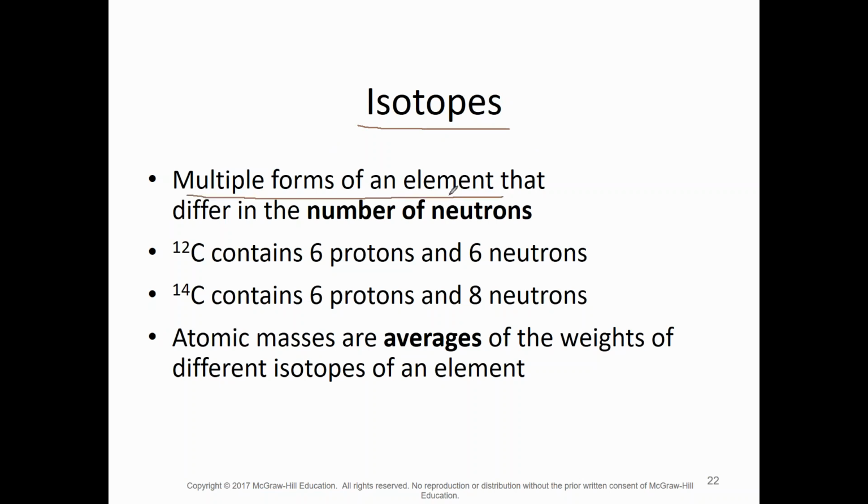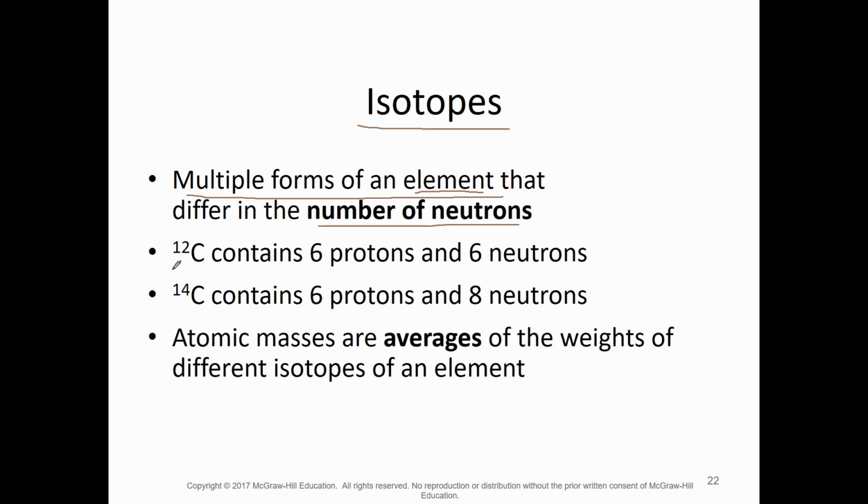As we've just talked about these elements, carbon, hydrogen, nitrogen, oxygen, there are variations within each element, and those variations are called isotopes, where they differ in their numbers of neutrons. So isotopes are atoms of the same element that have different numbers of neutrons. Okay, there's your definition. Let's look at an example.